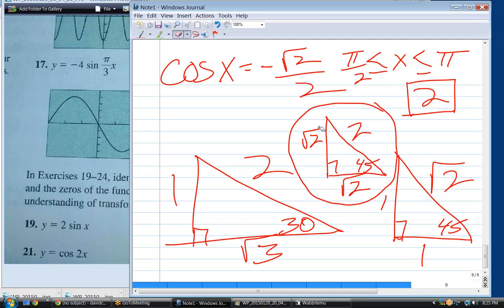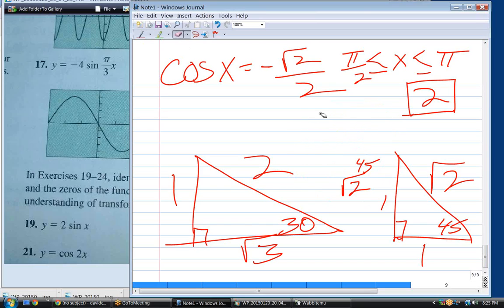I didn't really need this triangle to see that, because I can see that the cosine of 45 is 1 over root 2, which rationalizes to root 2 over 2.